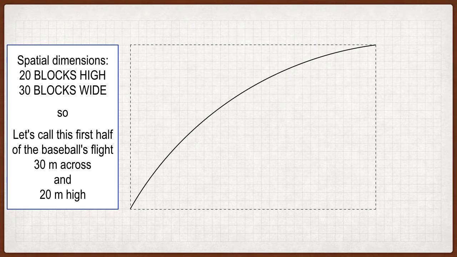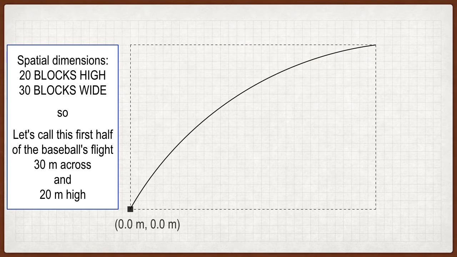60 meters would be the full flight. This is just the first half. So 60 times 3 is 180. So this is going to go out into the outfield somewhere. It might be a line drive, base hit. Probably not a home run.